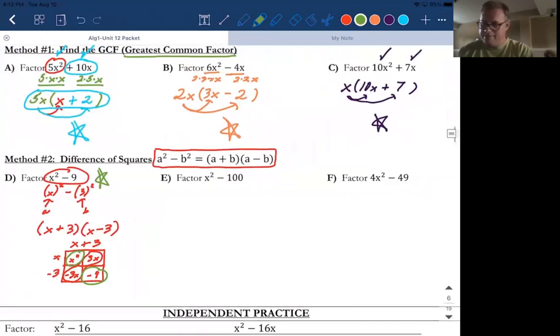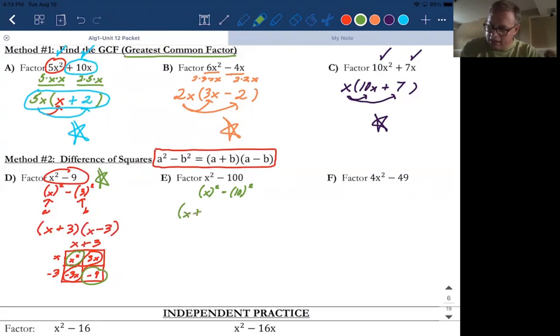Okay, let's look at E. Stay with green. So x, again, squared is x squared, and 10 squared is 100. Perfect squares. Okay. So by rule, here's what we've got. We notice it's a difference of squares, so it should be x plus 10, x minus 10.